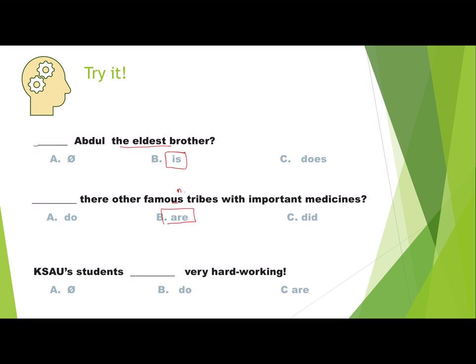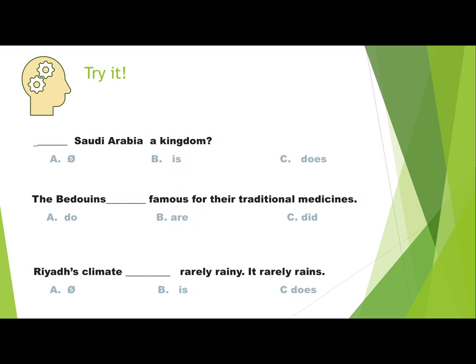Kasau's students are very hardworking, describing the subject, an adjective. Is Saudi Arabia a kingdom? The position of Saudi Arabia. It's a noun. The Bedouins are famous for their traditional medicines. It's describing the Bedouins. It's a quality. It's an adjective.